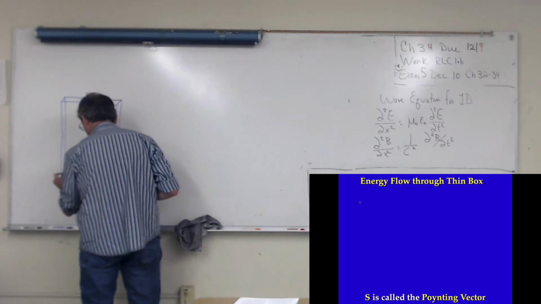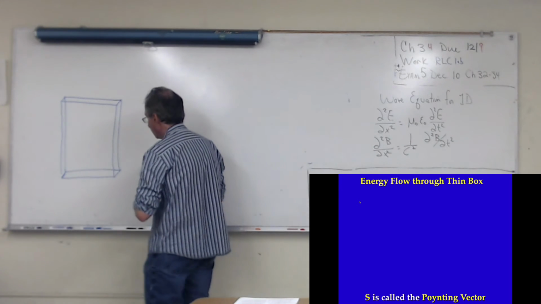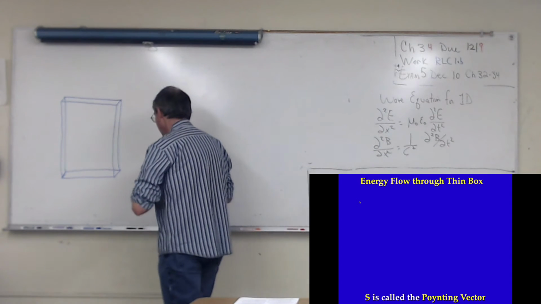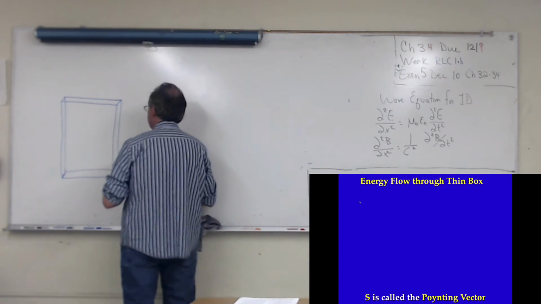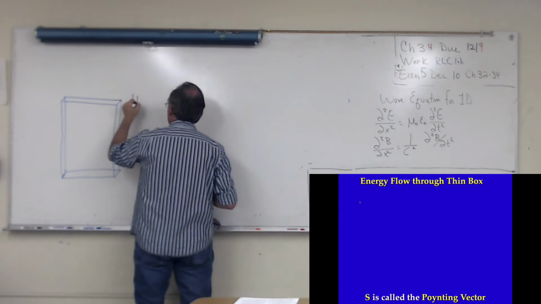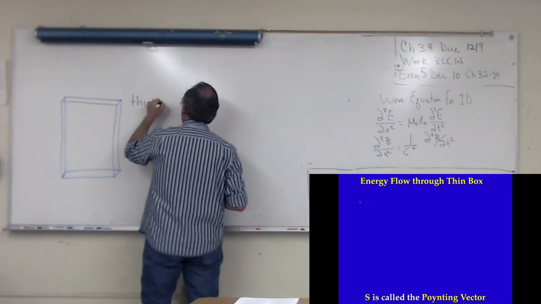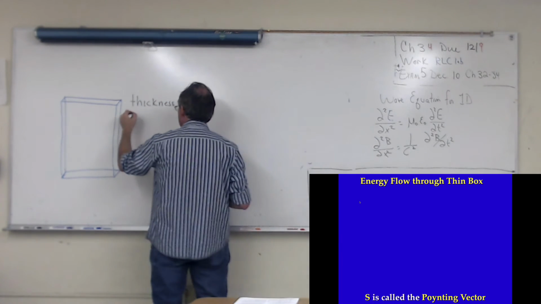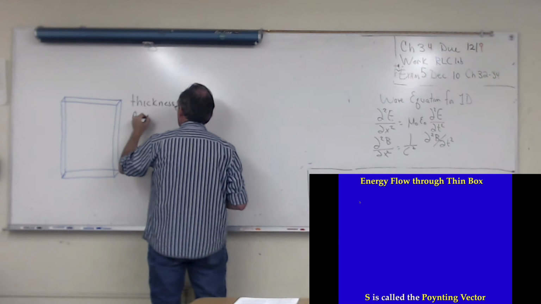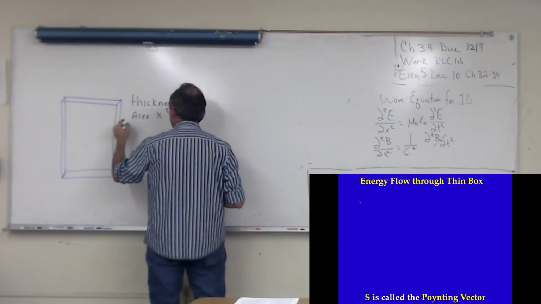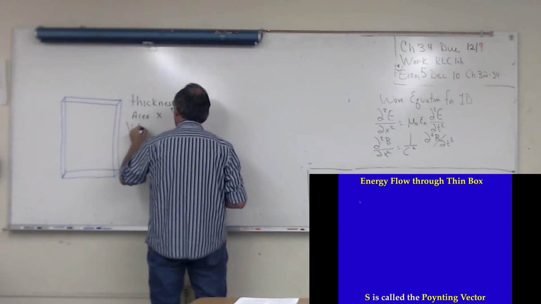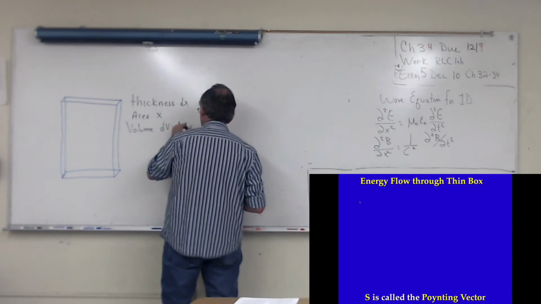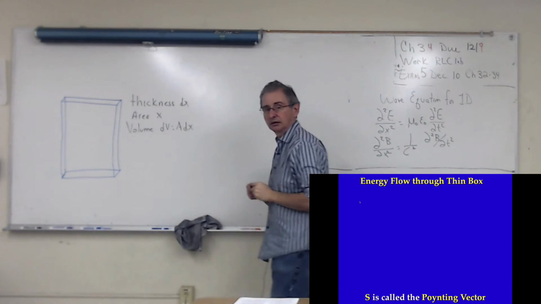Didn't draw very well. Its thickness is dx. Its area is A. Its volume, dV, is A dx. Okay?